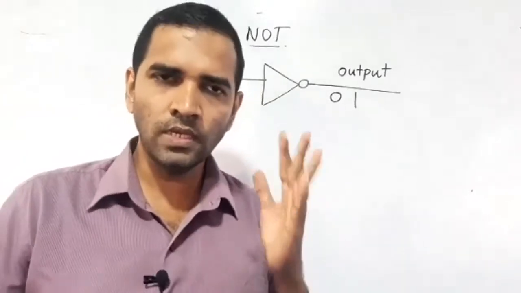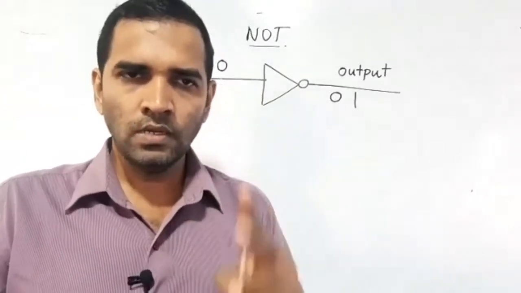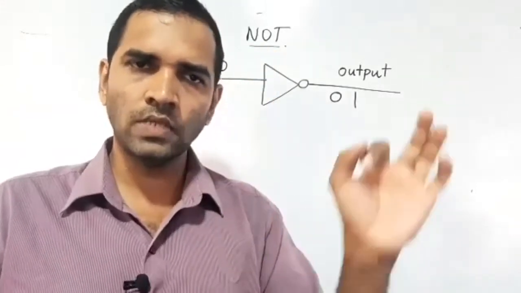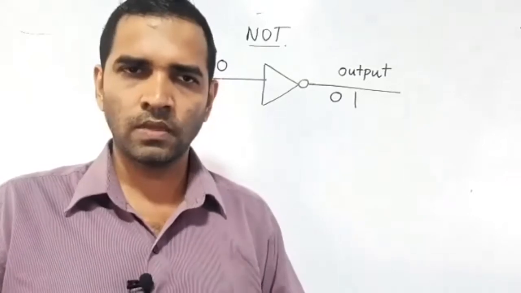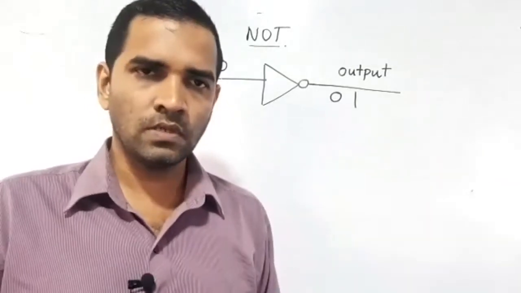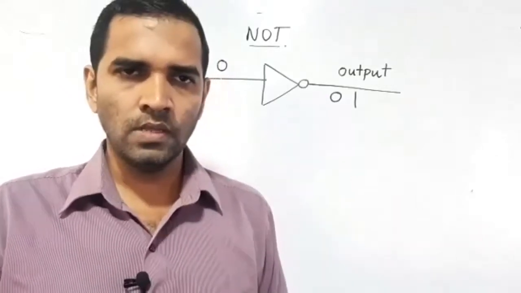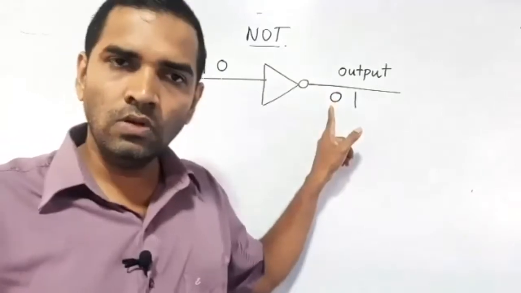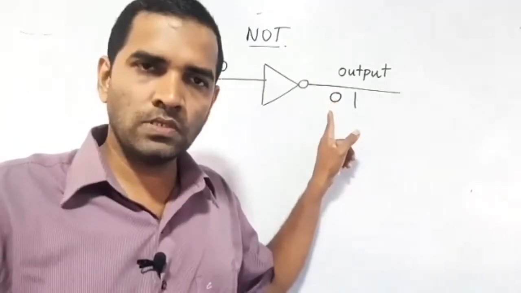Because in a gate, listen to me, you have only 2 values, 1 and 0. 1 means electricity is present. 0 means its absence, electricity is not available. So here, electricity is there, but the output is 0, no electricity. So this is opposite.